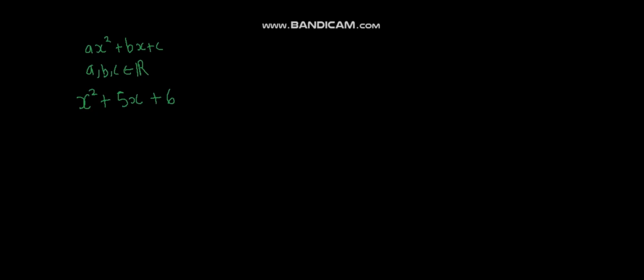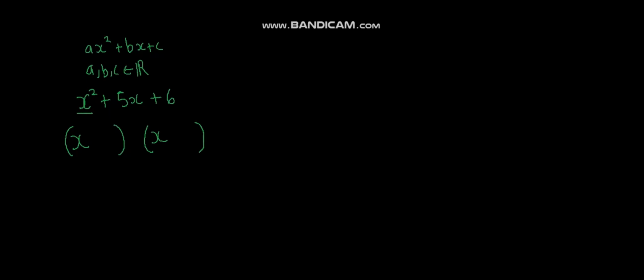To factor a quadratic, the first thing that we do is put down 2 brackets. We're looking at the first term, or the x squared term, and we ask ourselves, what multiplied by what would give us x squared? So that is x by x.